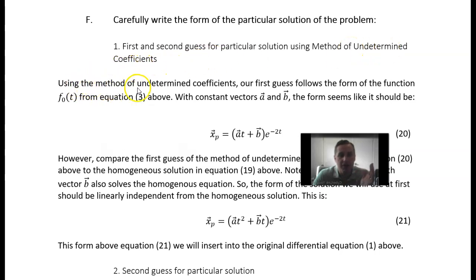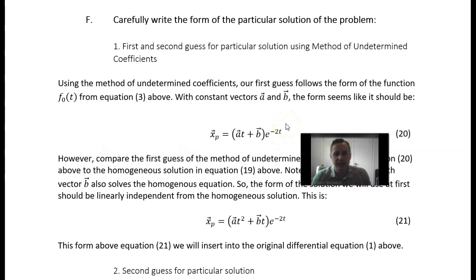Using the method of undetermined coefficients, our first guess follows the form of the function f(t) from equation 3 above. With constant vectors a vector and b vector, the form seems like it should be x particular vector is equal to a vector t plus b vector multiplied by e to the minus 2t. Let's think about why that is.